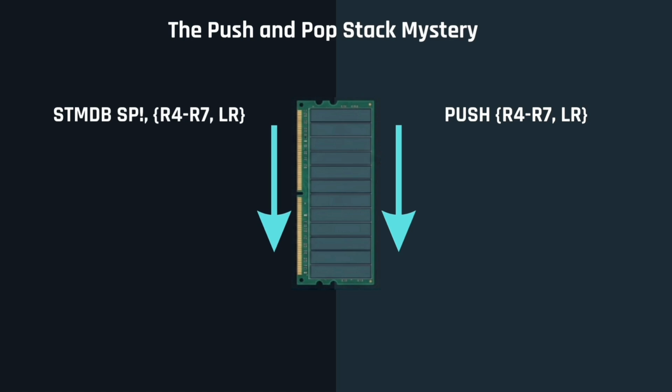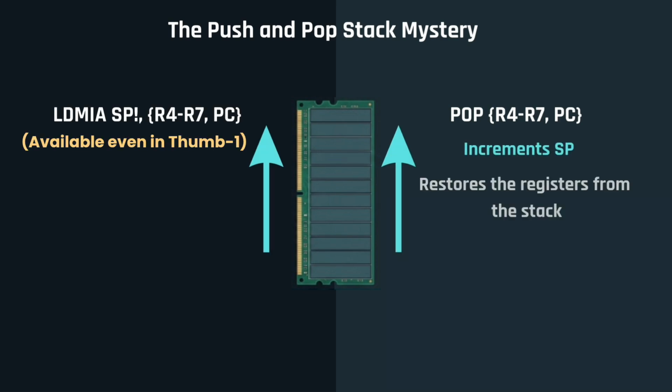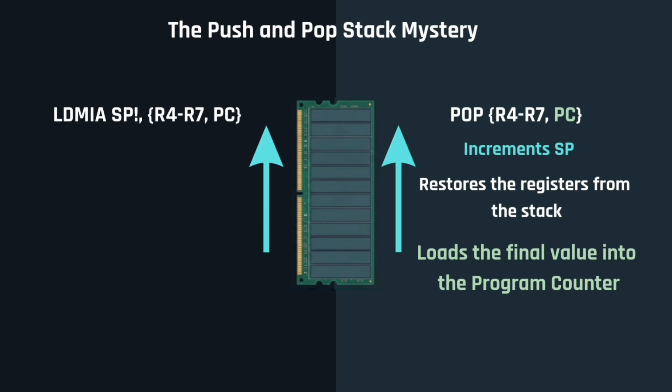The answer is that push is a separate Thumb-1 instruction with its own 16-bit encoding. Internally, it performs the same stack operation, that is, decrementing the stack pointer and storing the registers onto the stack. Similarly, pop restores the registers from the stack and loads the final value into the program counter.